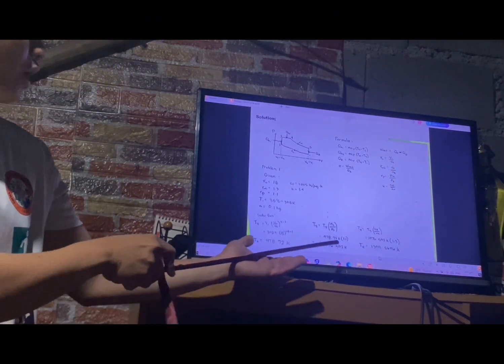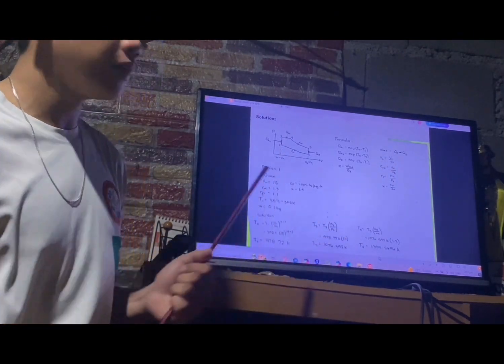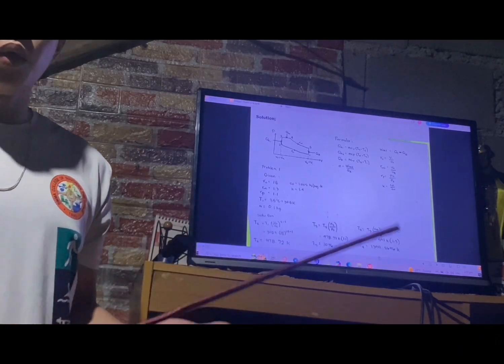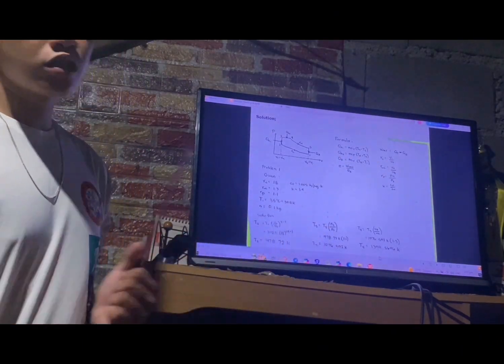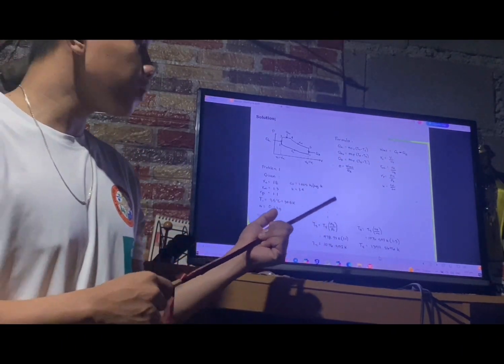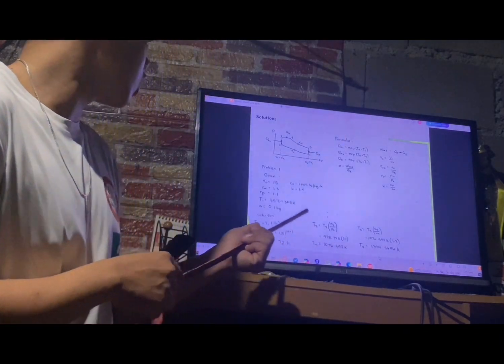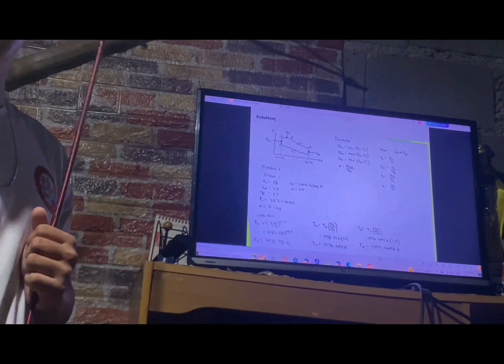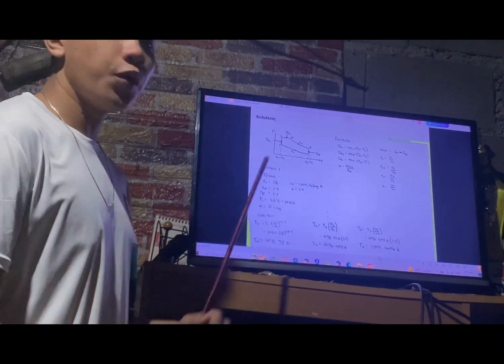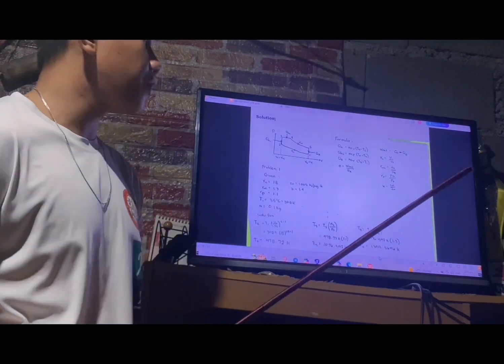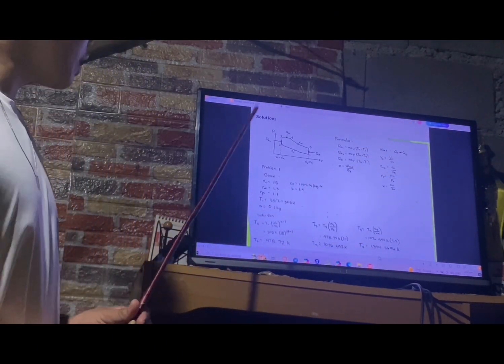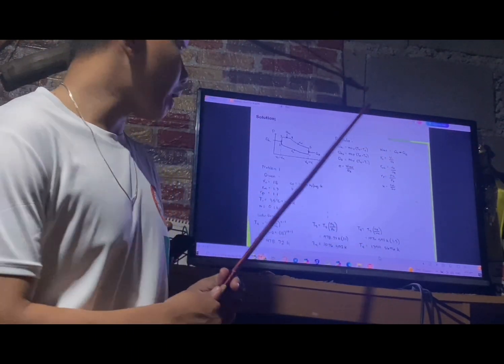That's why we plug in the value of 1.1 here. So multiplying 978.72 Kelvin times 1.1, we come up with the value of temperature T3 equal to 1076.592 Kelvin. And now we have already solved temperature 2 and temperature 3.